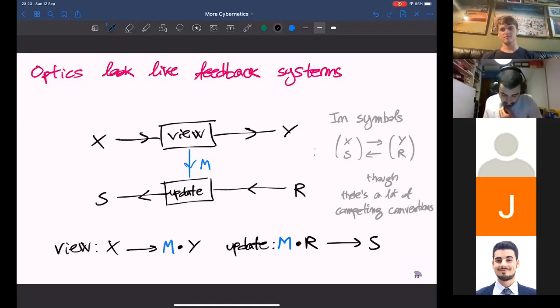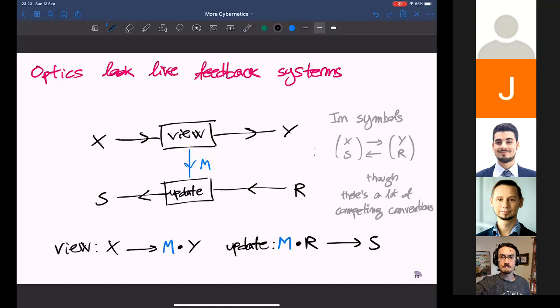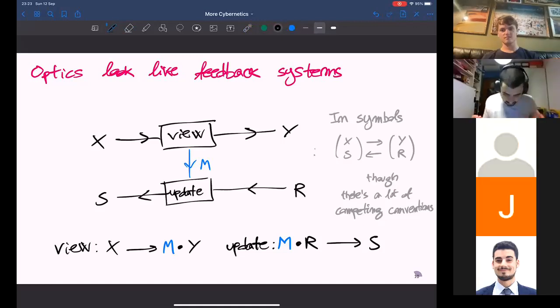And you see, the only weird thing, and I'm definitely not going into it tonight, is this M here that I colored in blue, because this M doesn't live in the same world as the rest of the black thing. So you should imagine this as something else which gets attached thanks to this kind of times operator, and that mediates the interaction between the view and the update.